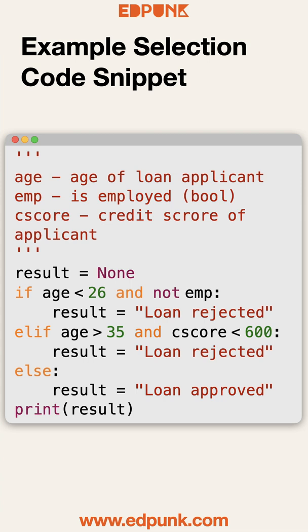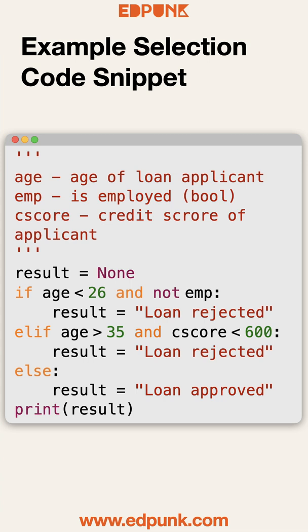In this case, we check if the age of the applicant is greater than 35 and his or her credit score is less than 600. If the expression is evaluated as true, then the string "loan rejected" is assigned to the variable result.